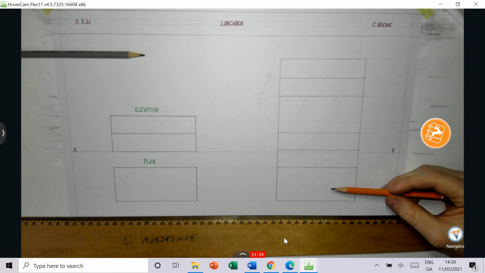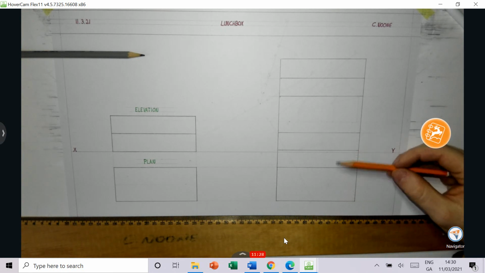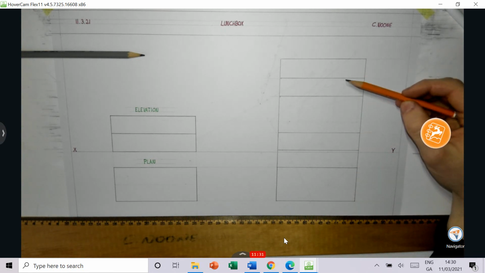So see, we have a plan, then an elevation, a plan, then an elevation.